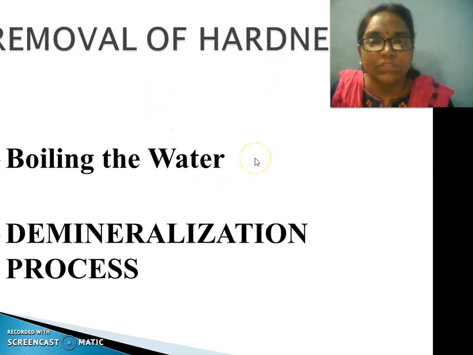Next, we shall pass on to the removal of hardness causing ions in water. There are two methods available for eliminating the hardness causing ions in water. The first one is a very simple method. We normally use this one at home.